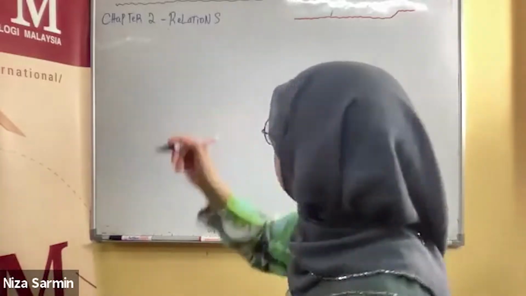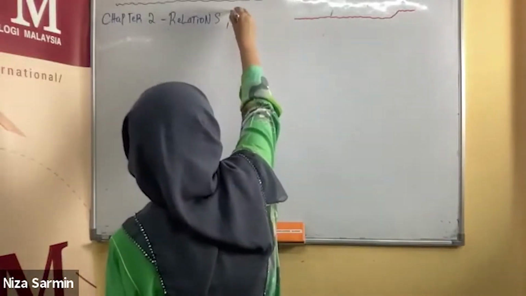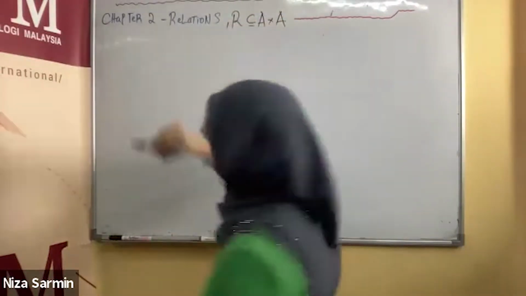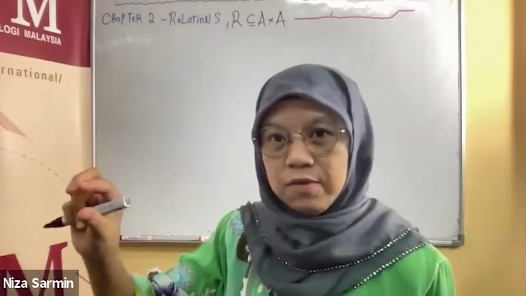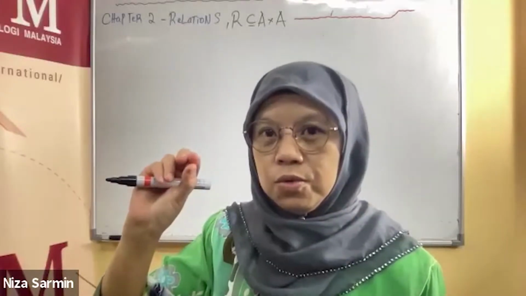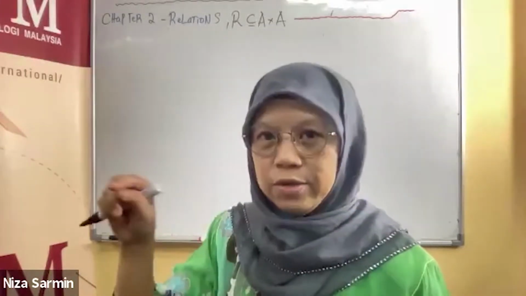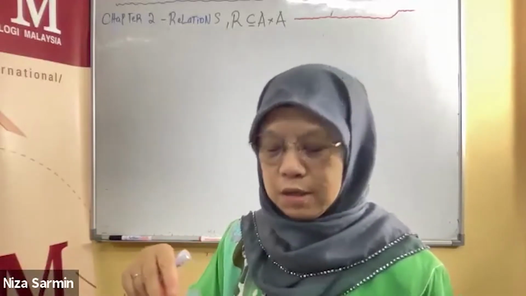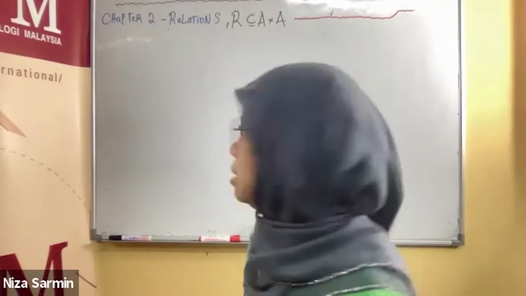A relation R is a subset of A cross A. So you will have a set A given, and then you will have the direct product, or the Cartesian product, which is pairs, then you take some subset from that and it becomes a relation.